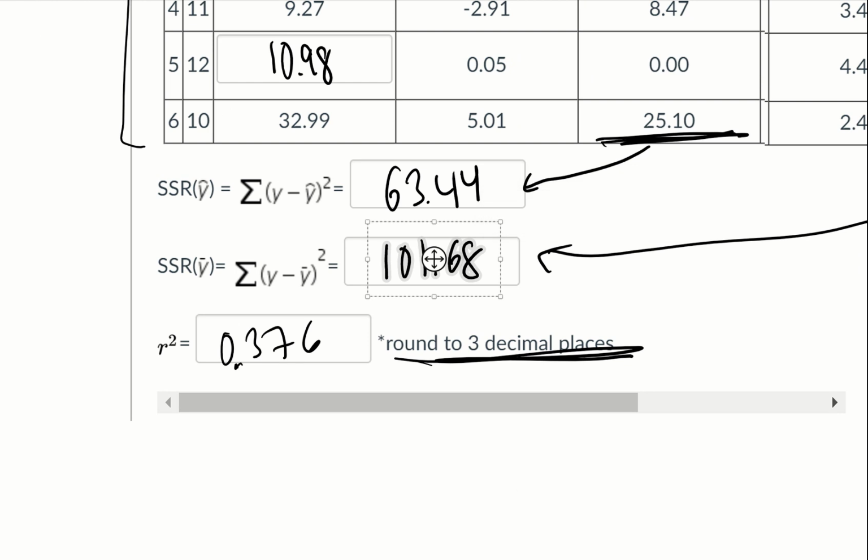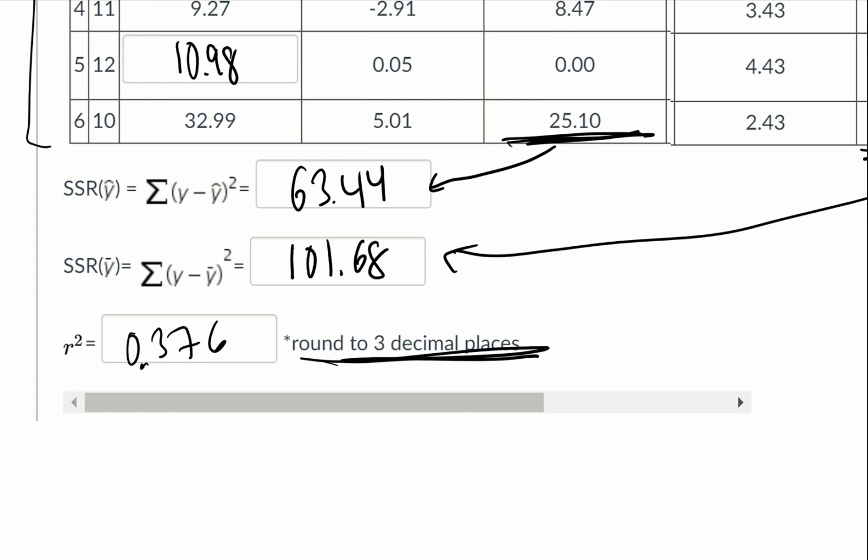So the least squares regression line only accounts for about 38% of the variability in the y values, which means that there's a lot of other factors that are involved in determining why the y values change the way they do. And so there's probably a better model out there that accounts for the change in the values than this one. So this is probably not going to be a good model based off of the number that we have.